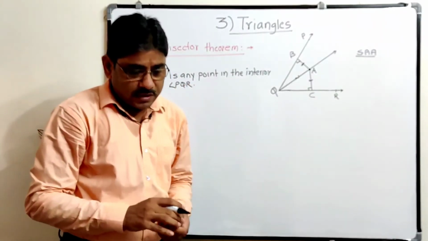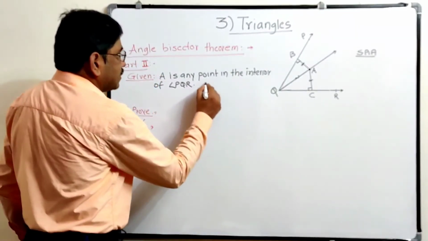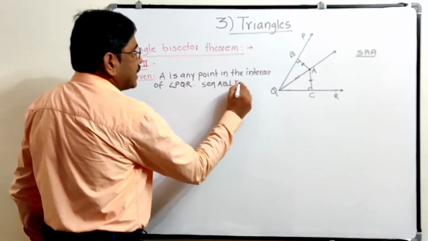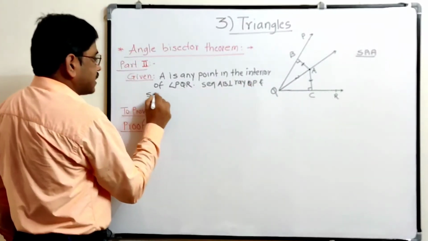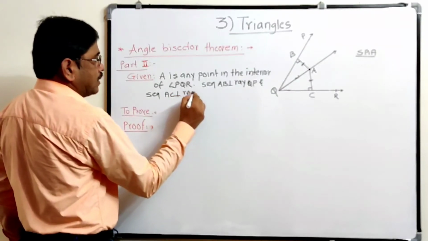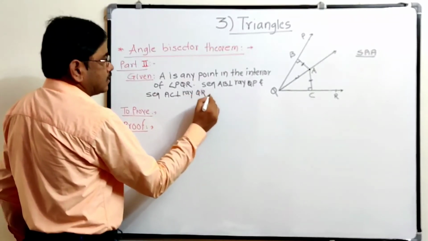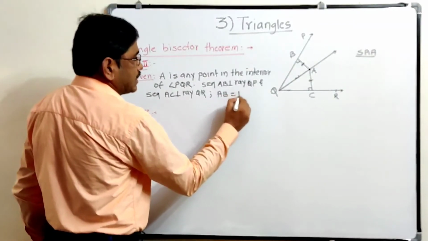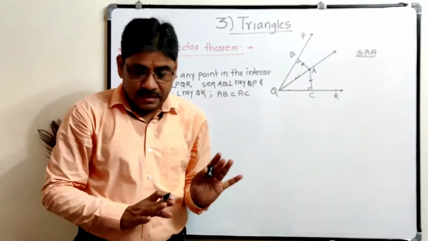Second thing, what is given? Segment AB is perpendicular to ray QP and segment AC is perpendicular to ray QR, such that AB equals AC. These two segments, AB and AC, are congruent.